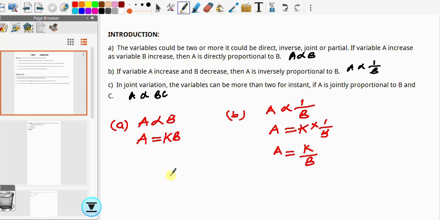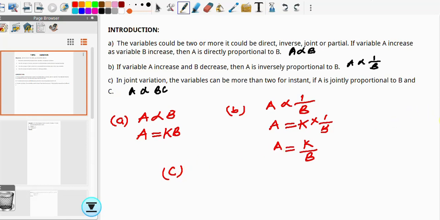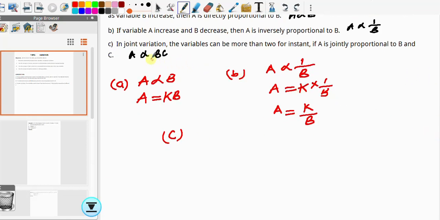Let's come to the last one, C. C says in joint variation, the variables can be more than two.